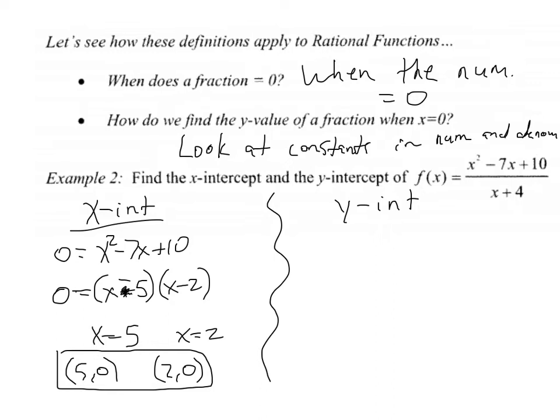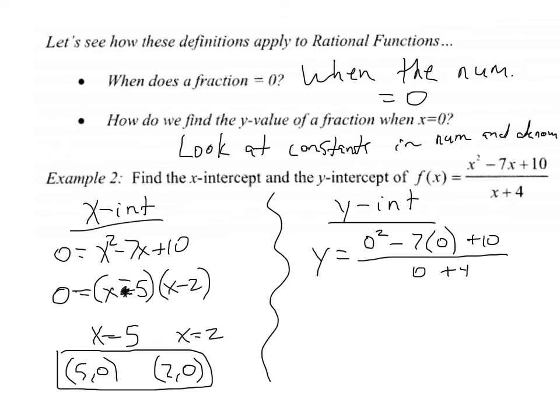For this one, you probably don't have to show a lot of work, but if you're a little nervous about this on a test, it definitely doesn't hurt to show me, I thought of going 0 squared minus 7 times 0 plus 10 over 0 plus 4.